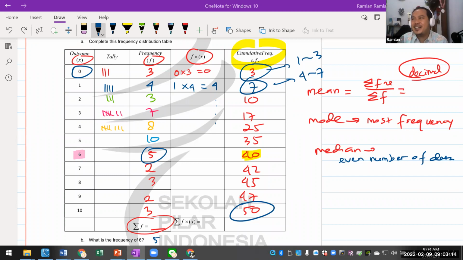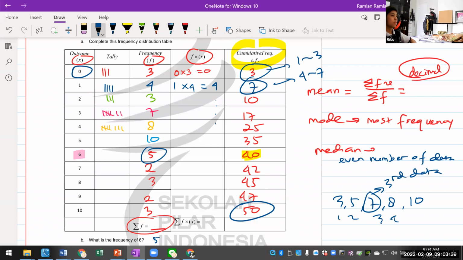For example, let's say I have 3, 5, 7, 8, and 10. Here we have 5 data, right? What I'm asking is, what is the number of data of the order... pokoknya, data keberapa mediannya. For this one it's going to be the third data: 1, 2, 3, 4, 5.